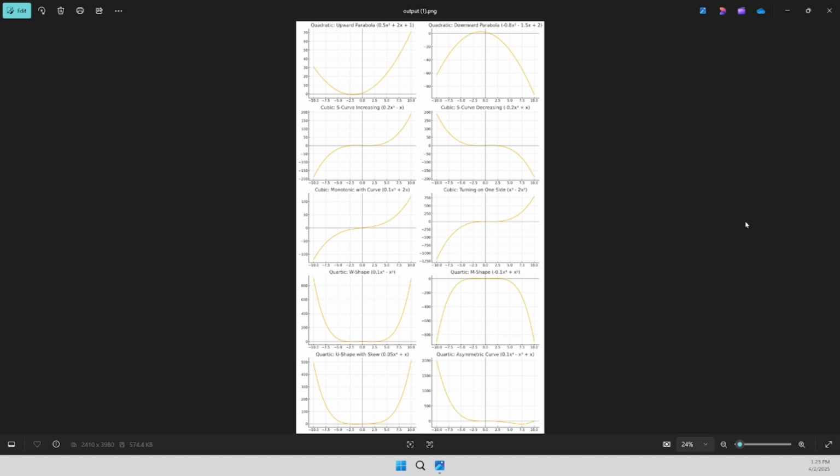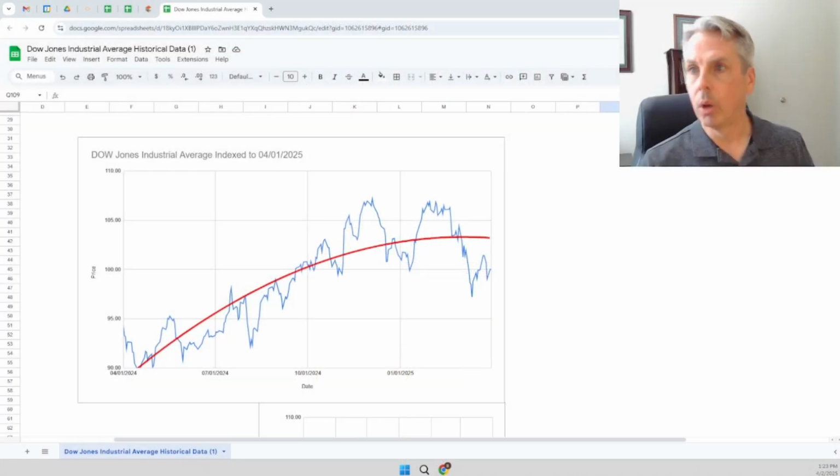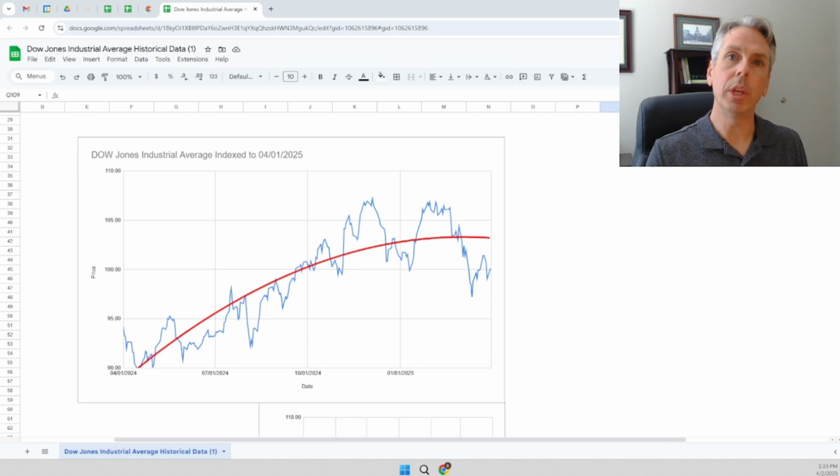And so we really want to be careful when we're applying regression, because you just need to know that your market isn't going to fit into a particular formulaic pattern. That's not what we're looking for here.